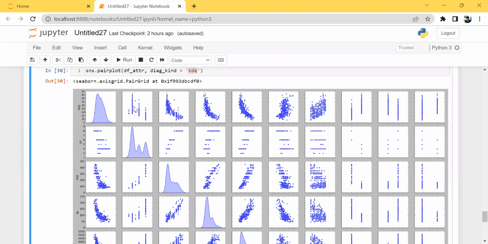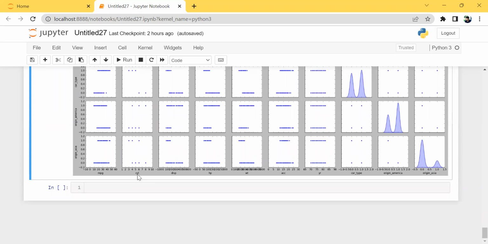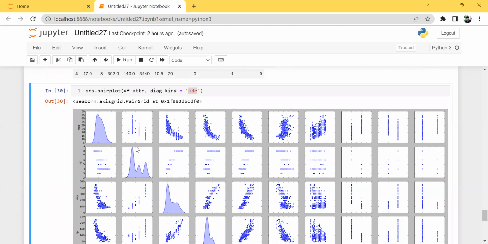The plot is between MPG and, when you slightly look down, cylinder. It is saying there is some kind of a negative correlation involved here. As the cylinders increase, the MPG is decreasing.